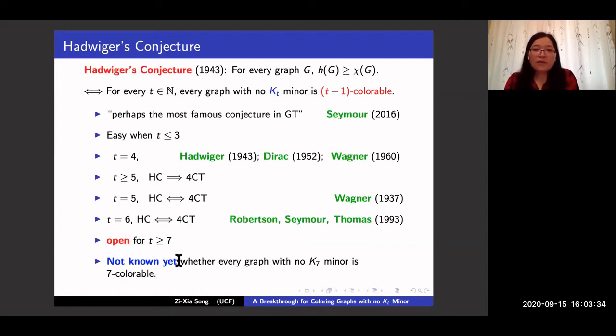And I want to comment here, it is not known yet for the next open case. We should look for: if a graph has no K7 minor, then it's 6-colorable. It is known that such a graph is 8-colorable, but we cannot prove it's 7-colorable yet. This is the project I had in mind when I planned to visit Sergey.